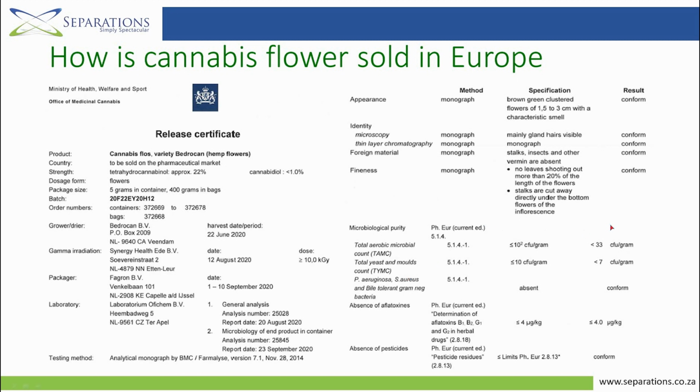So let's have a look at what's in the COA. The first few tests are really guided by the monograph, which relate to appearance, identity via microscopy or TLC testing, assessing foreign material and fineness, where obviously there's specifications and a conformance report to meet that specification.